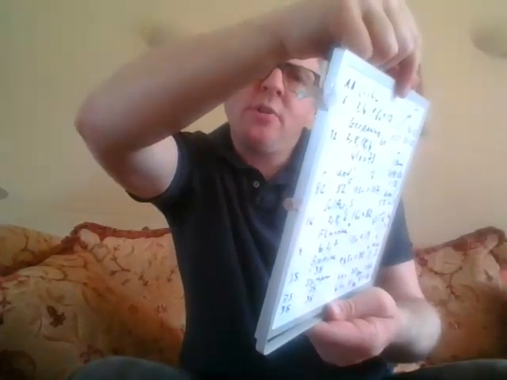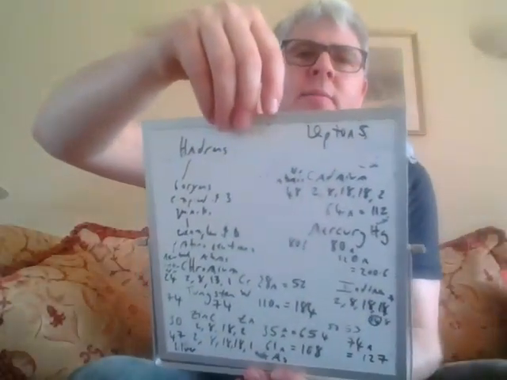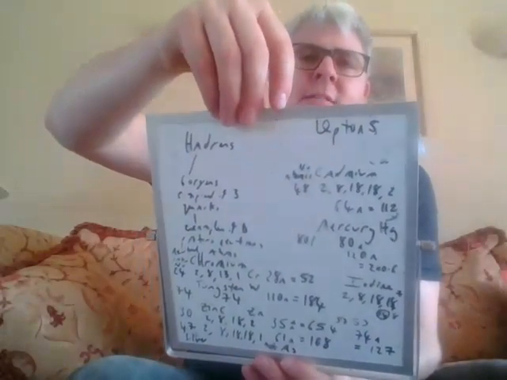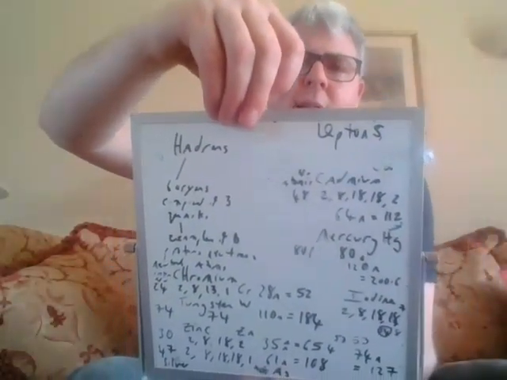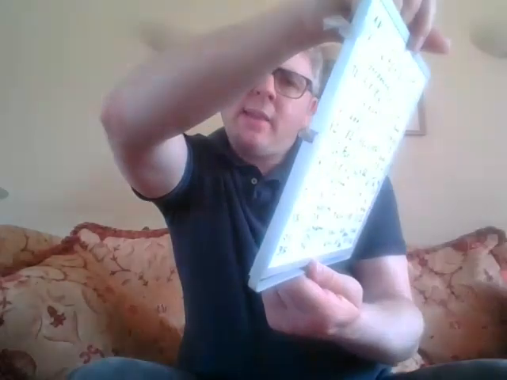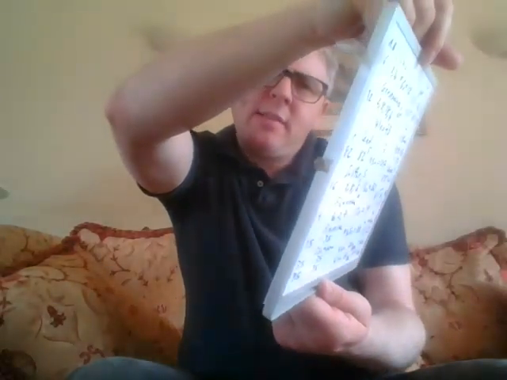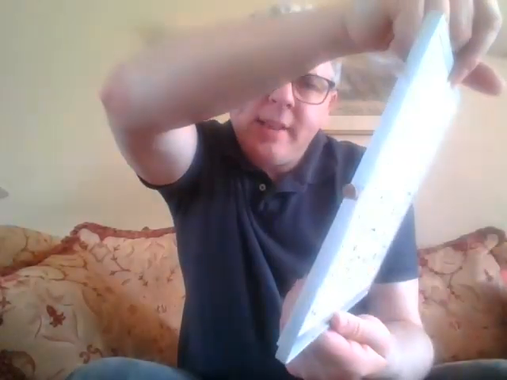It's got 64 neutrons, so the mass number is 112. And then mercury, whose chemical symbol is Hg. It's got 80 protons, 80 electrons and 120 neutrons, which gives it a relative atomic mass of 200.6.